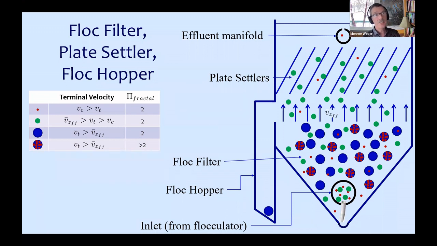And so that's what happens in plate settlers. It's a cool insight. Plate settlers act like little avalanche generators. And as the flocks are rolling down the plate settlers, they grow larger. And then they have a terminal velocity that's big enough that they can actually get to the bottom of the sed tank. That cool? Some cool physics. Sedimentation just got more interesting, right?